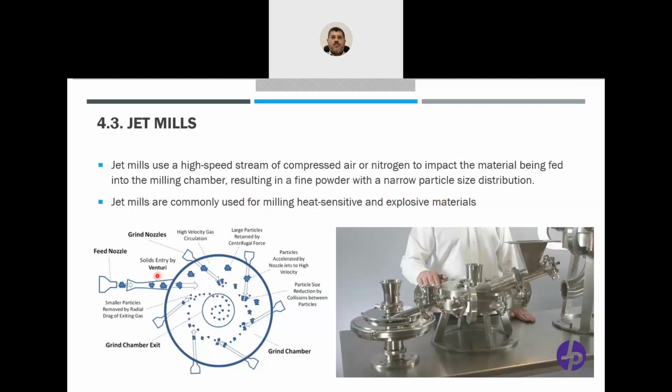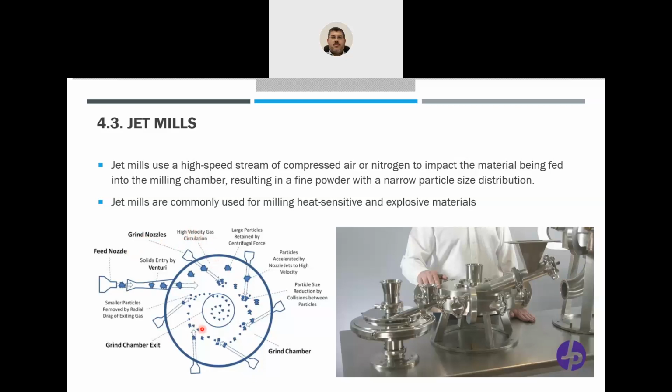So if you look here at the cross section, this diagram showing the design, you have the feed nozzle here, you have grind nozzles, you have high velocity gas circulation.